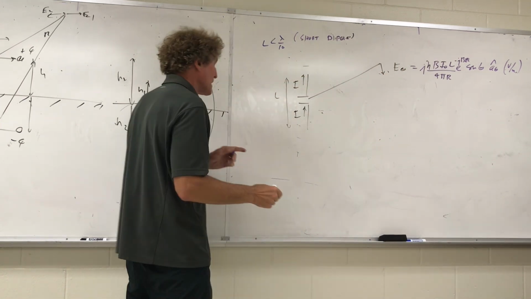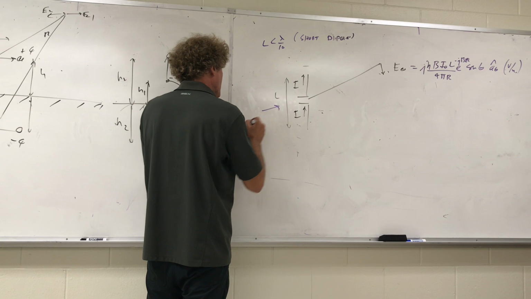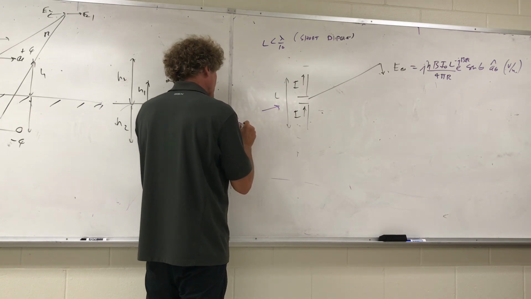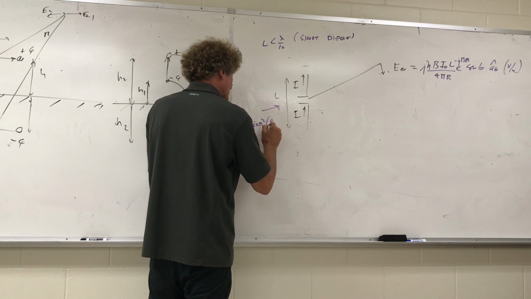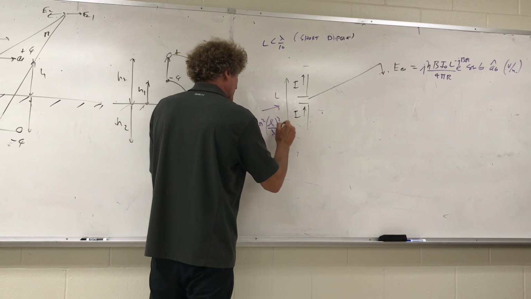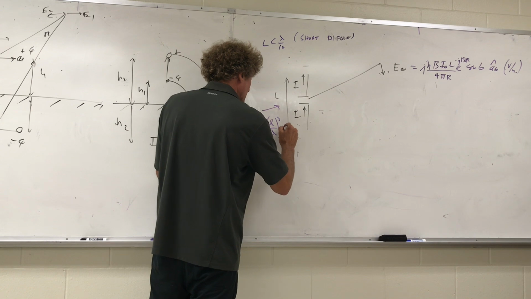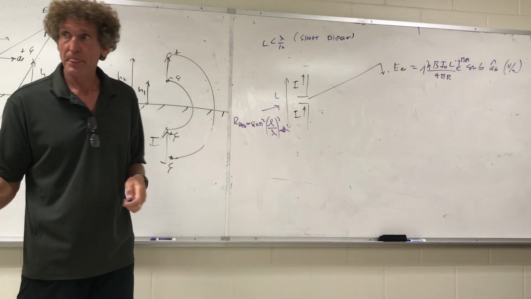This is important. Look over here, for a short dipole the radiation resistance is equal to 80 pi squared, length over lambda squared, ohms, right? Can you all follow me on this?